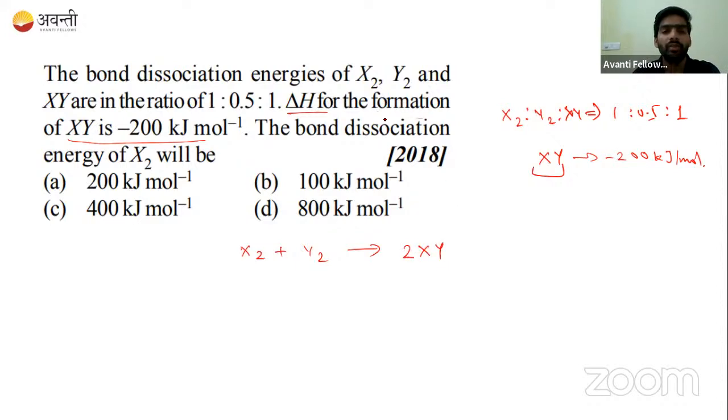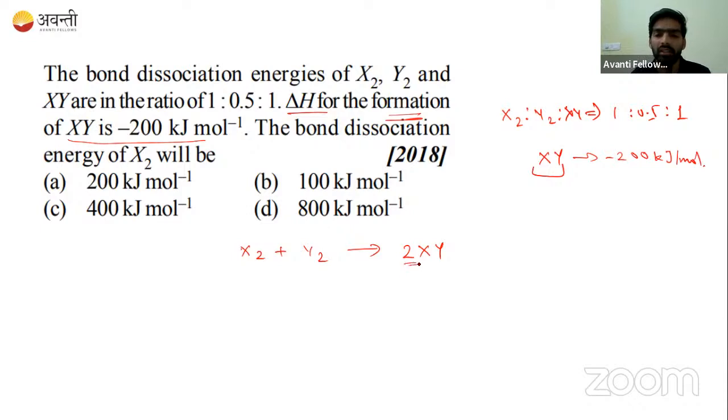But it is telling about the formation of XY, and in the enthalpy of formation there is a definition. Formation should be for only 1 mole of the product. That means only 1 mole of the product should form, and the heat which is released during the formation of 1 mole of product is called the enthalpy of formation.